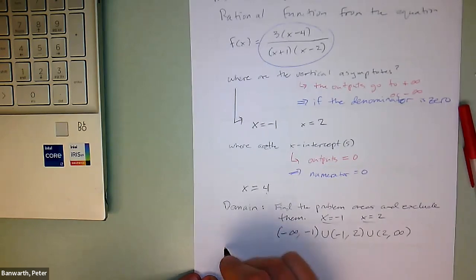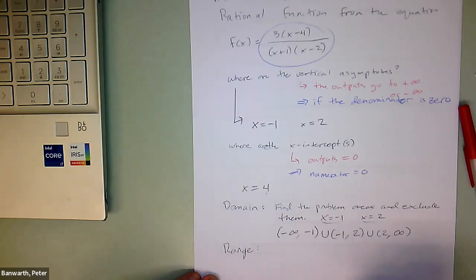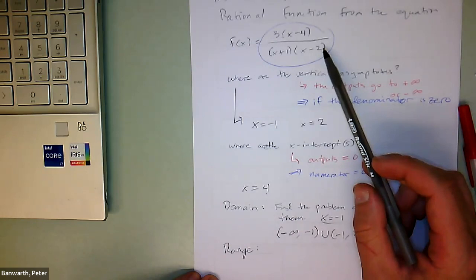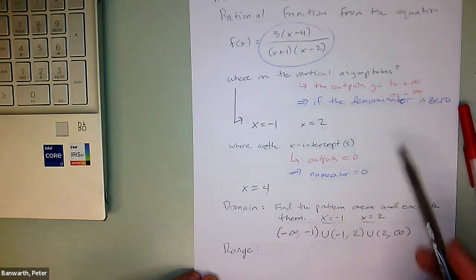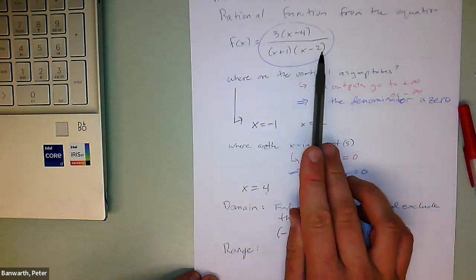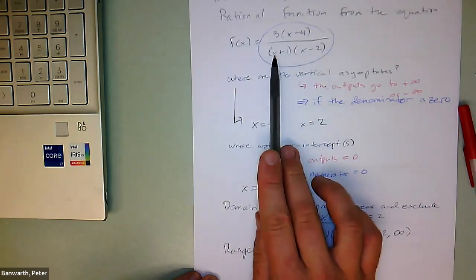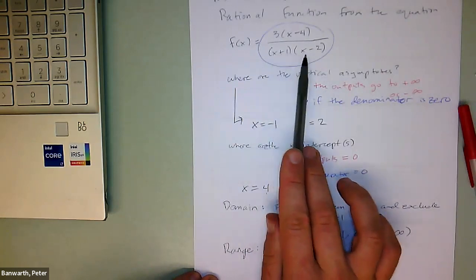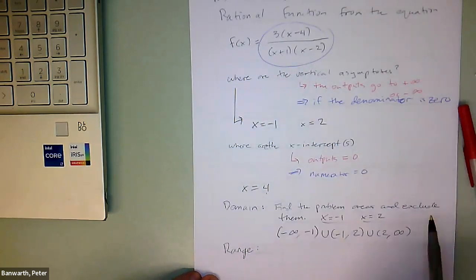Okay, as far as the range, well, for your warm-up, you have a graph. For this one, I'll just say you are going to get up towards positive infinity as you approach one of these numbers, either from the left or from the right. And you're going to get down to negative infinity as you approach one of these numbers from the other side.